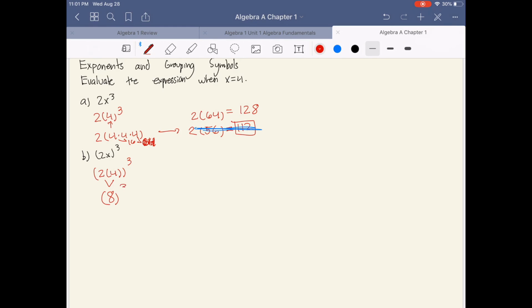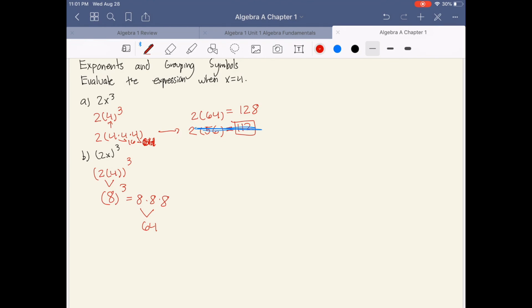Now raised to the third power, so it's a bit different than letter A. You solve it in different steps because of the order of operations. Now you rewrite this as 8 times 8 times 8, because 8 to the third power. So 8 times 8 is 64.